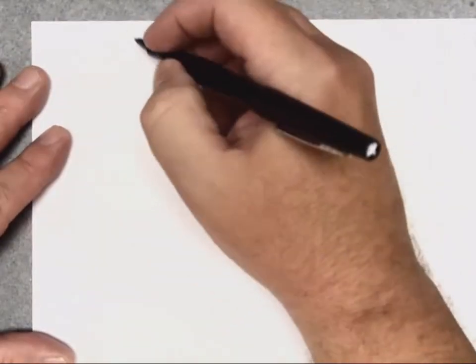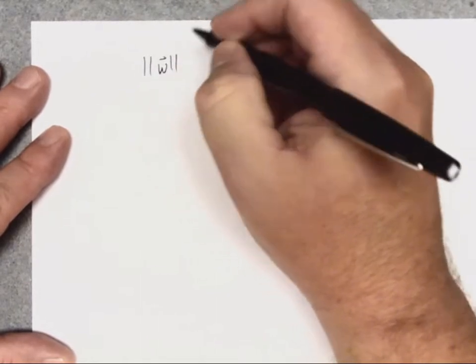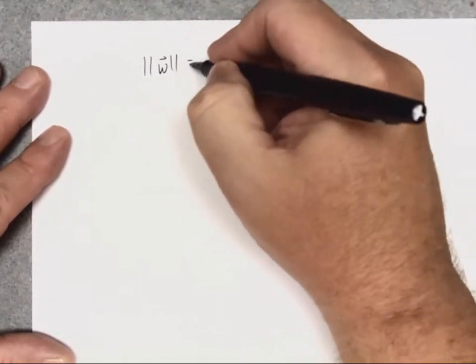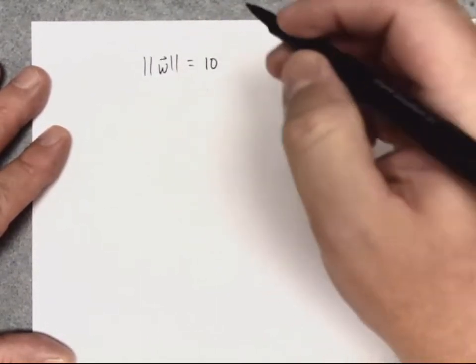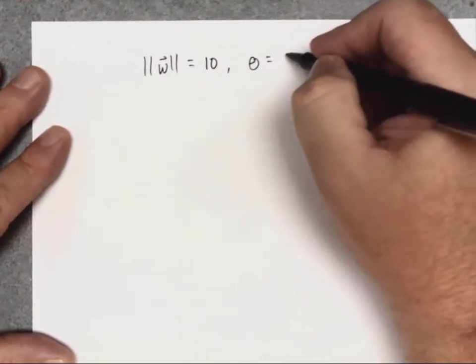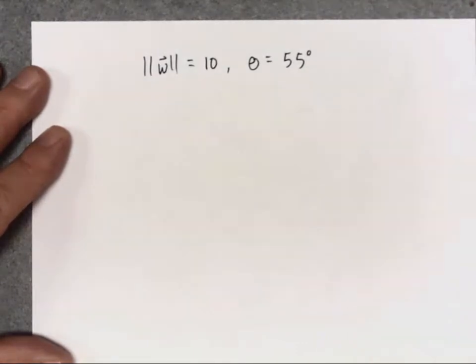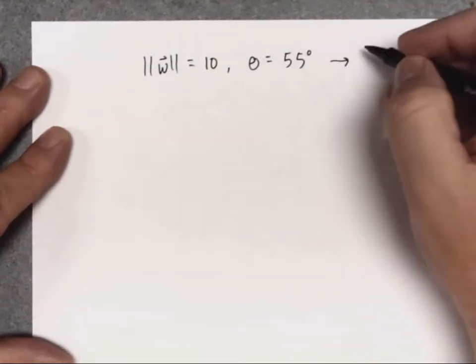So for instance, in a minute we'll do this problem. The magnitude of vector W is 10. The angle of vector W is 55 degrees.